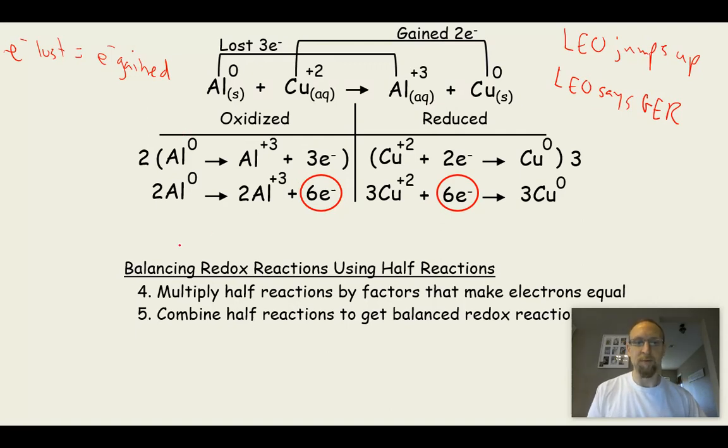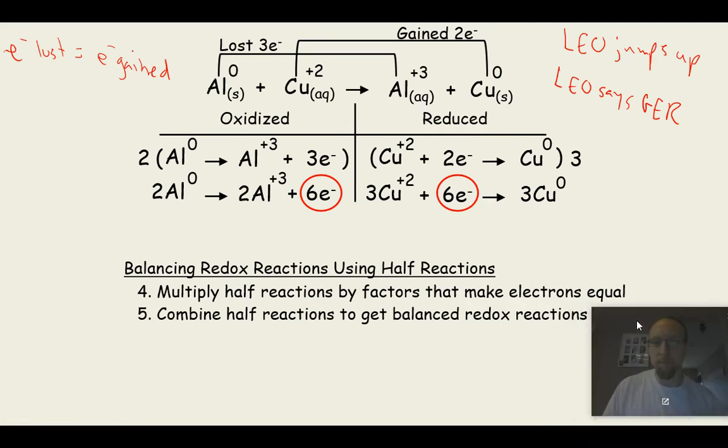So now step 5 is combine the half reactions to get the balanced redox reaction. So what do we do? We just kind of put the pieces back together. So Al0, so now there's 2 Al0s plus 3 coppers. So we're just kind of putting things back together. Left side of the reaction, right side of the reaction.